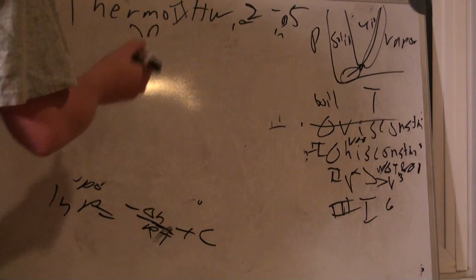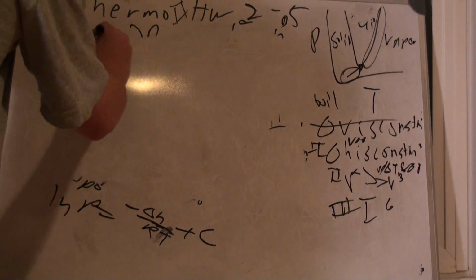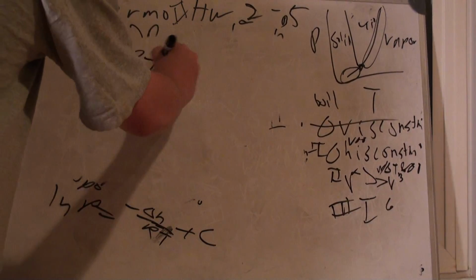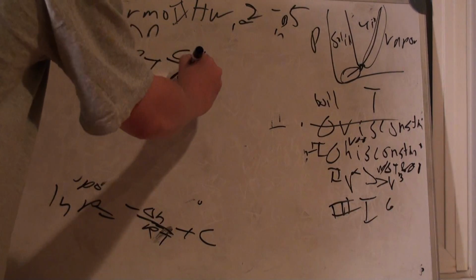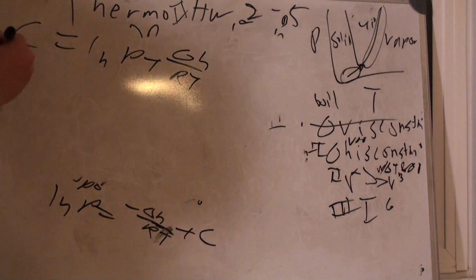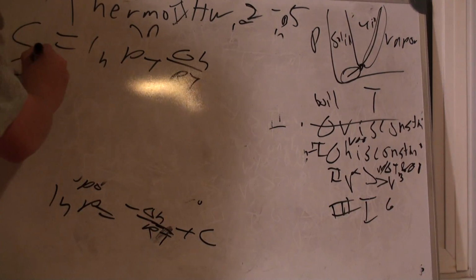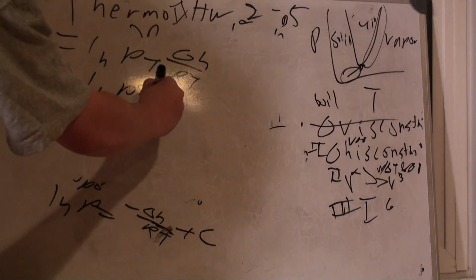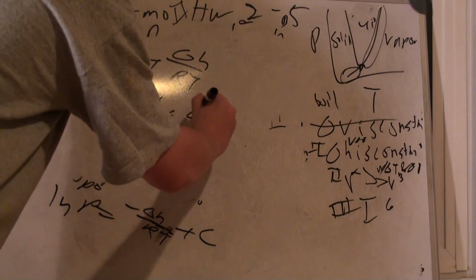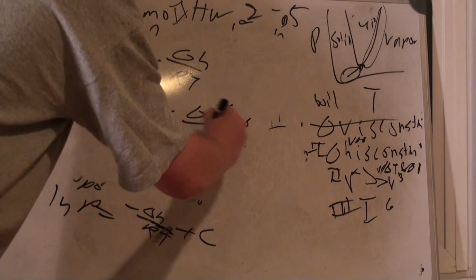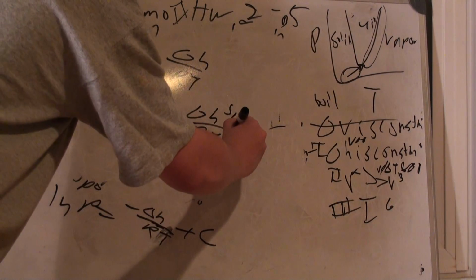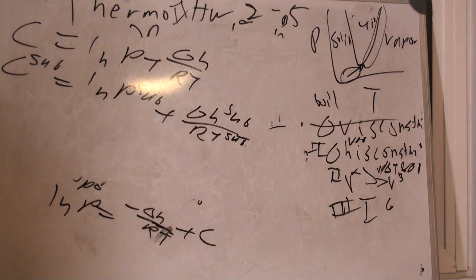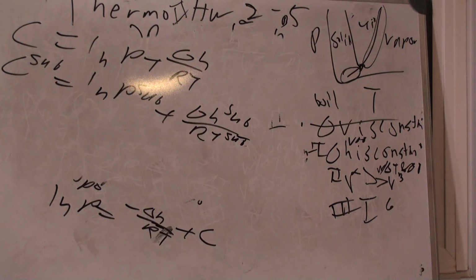Well, the constant is equal to natural log of P plus delta H over R T. So, C sublimation is equal to the natural log of P sublimation plus the delta H of sublimation over R T of sublimation. Plug and chug.